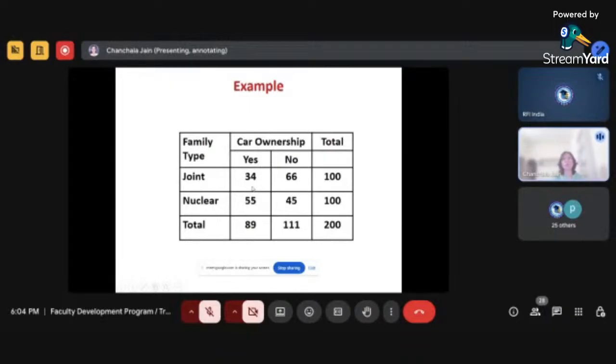To get the expected frequency for this, I need the row total, since this is the first row element, and the column total, since this is the first column element. So it is row total into column total, that is 100 multiplied by 89 divided by the grand total, 200, which gives the expected frequency. Likewise, for the 66, 55 and 45 we can also calculate the expected frequencies.